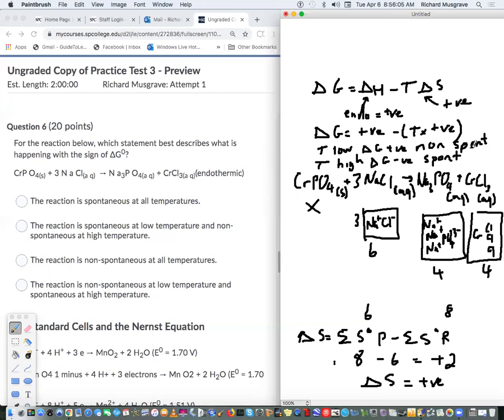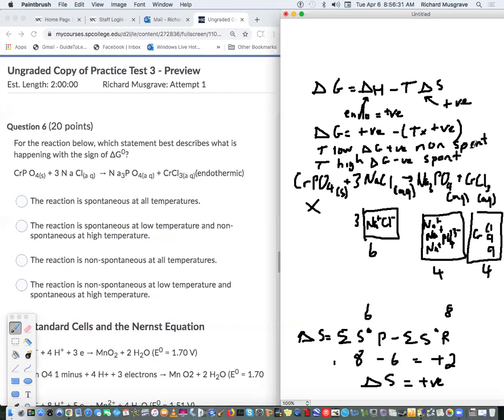So if you pretended, for example, T was 0, you could see that delta G would be positive, right? But if you said T was very high, you can see that that second part in the parentheses would be a big value, and you'd be taking a positive value and subtracting a larger value to get something negative. Okay. I think I'm getting it.